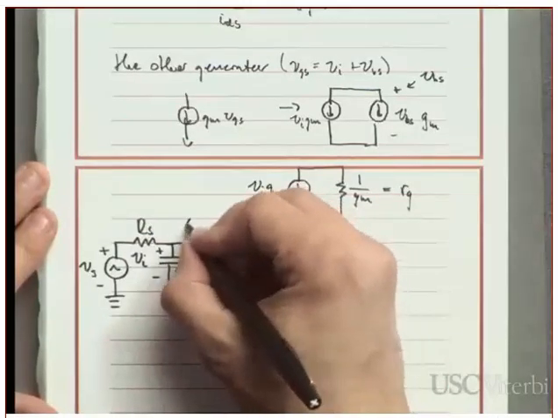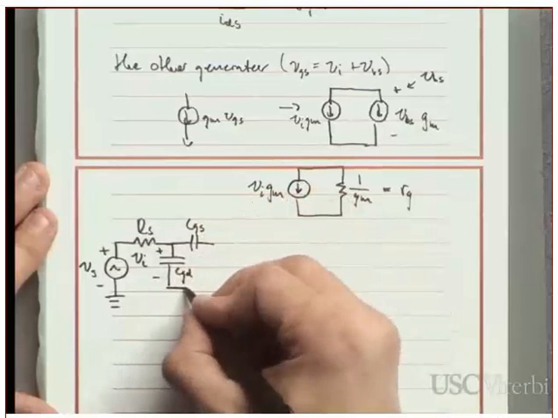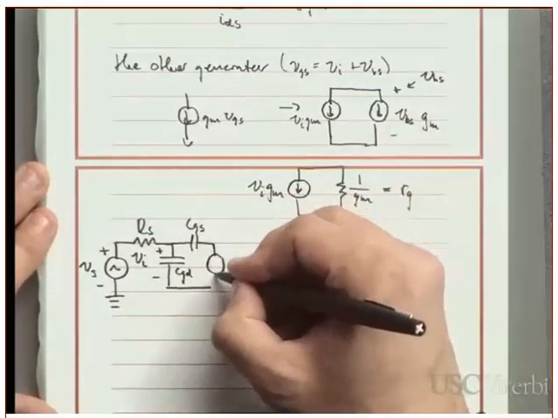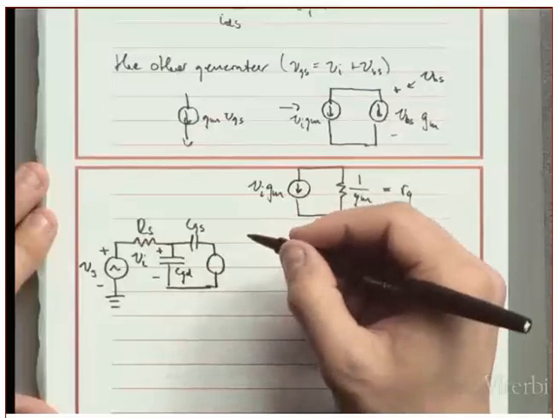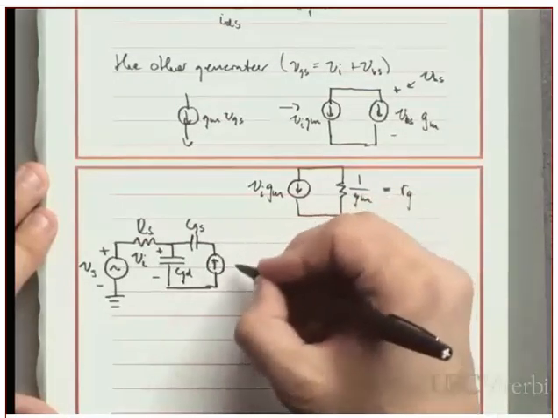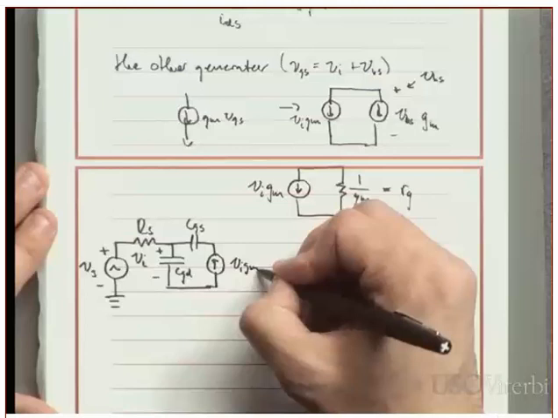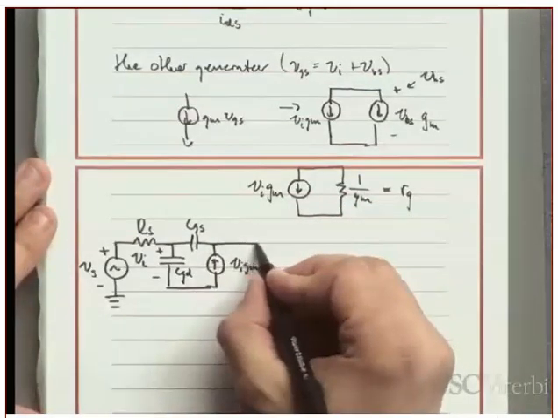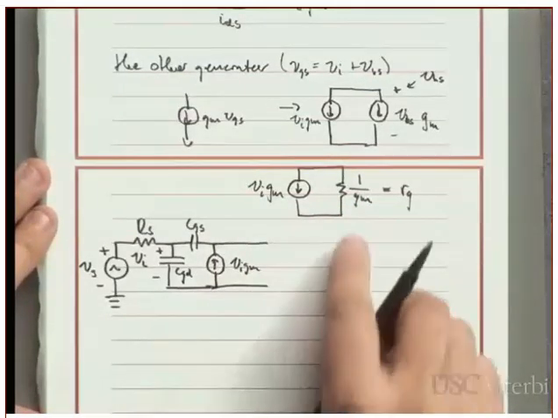This is CGS. So now I have my source on the top. This generator goes from the drain to the source, so it goes up. Now it's VI GM. Thank you. And then I have this whole mess of resistors now.